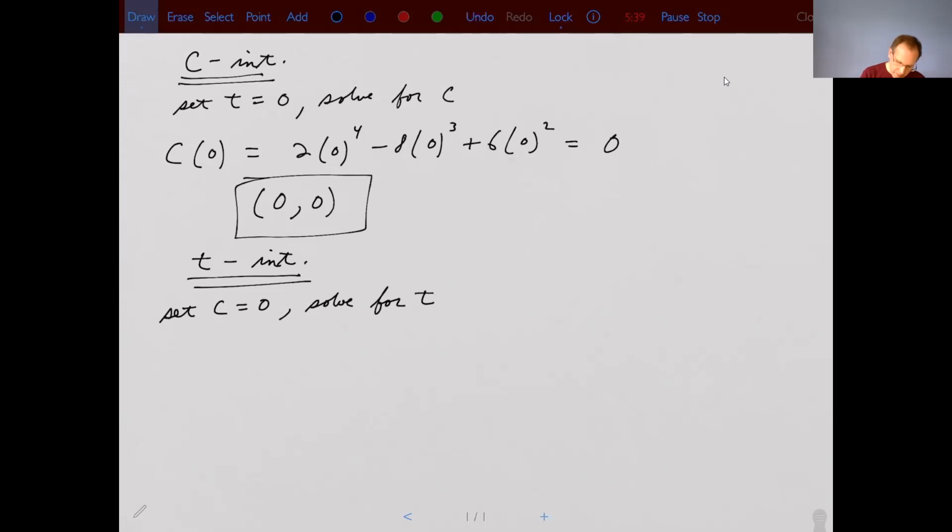In this case, I would have 2t to the 4th minus 8t cubed plus 6t squared. That's going to equal 0, because I'm setting c equal to 0. And I want to solve this for t.